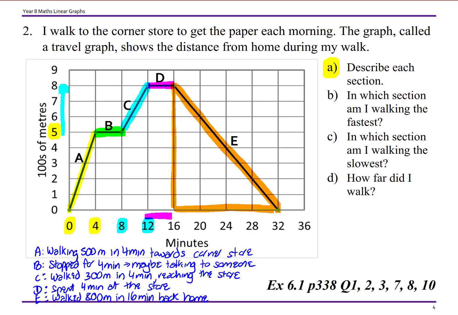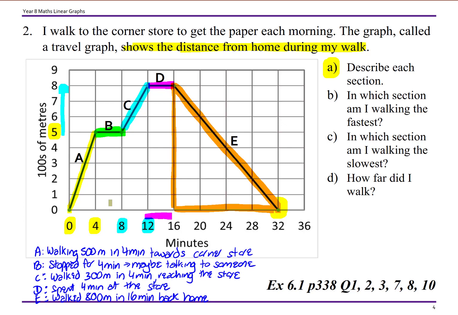And I know I've gone back home because it's showing my distance from home. And that was said in the question. So it says shows distance from home during my walk. So at this point, when I've returned, there is no distance. I've returned back home.